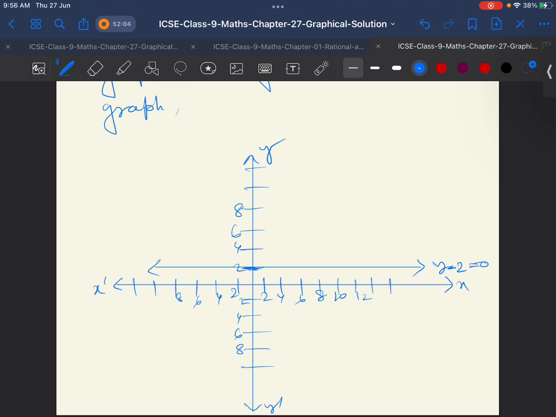Now we plot equation 2. So 0, minus 7 is here. Okay, and then 1, minus 4 is here, and then 3, 2 is here. Now we draw the line.